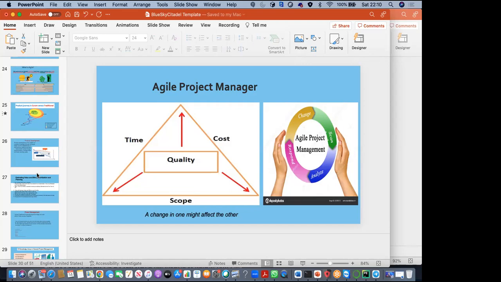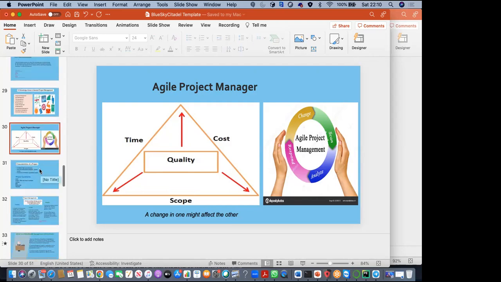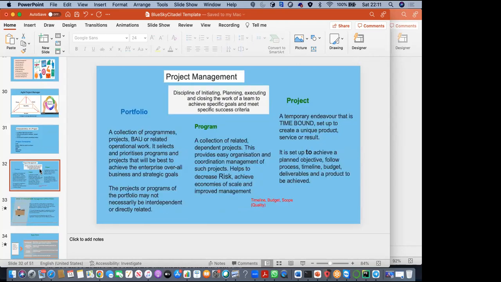And you might need to redefine your scope of work as well. So if we look at that, you now understand what we're talking about when we talk about the triple constraint. One other thing that you need to understand today, which is important for me, is your definition of what a project is, what a program is, and what a portfolio is.